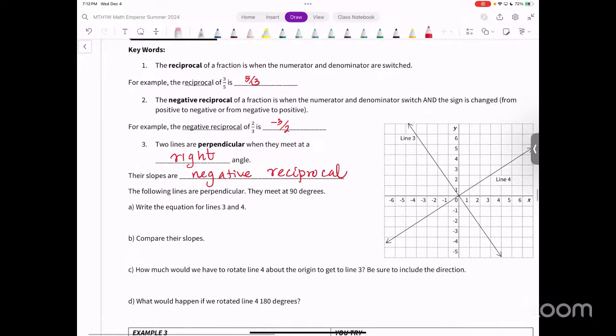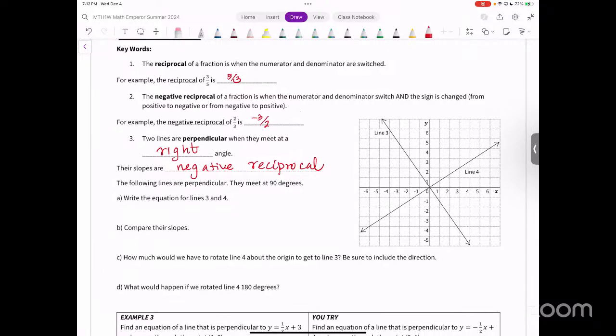So, the following lines are perpendicular. As you can see, write the equation for line 3. Line 3 has a slope of, if I go back, you rise 3 units, run to the left, so -2.